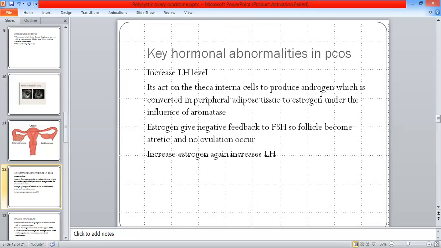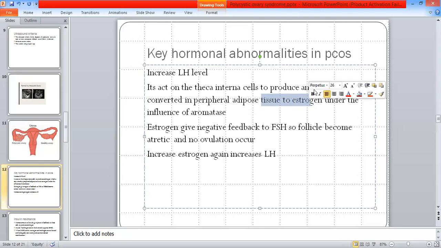When androgen is increased, it is converted in the peripheral adipose tissue to estrogen. This conversion from androgen to estrogen occurs under the influence of the enzyme aromatase.